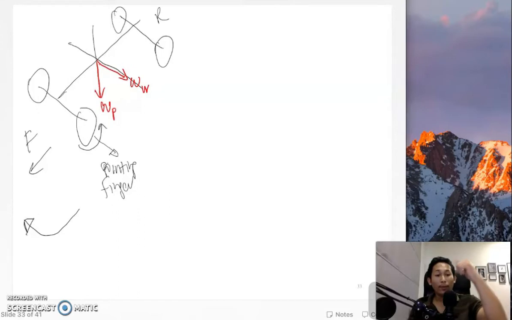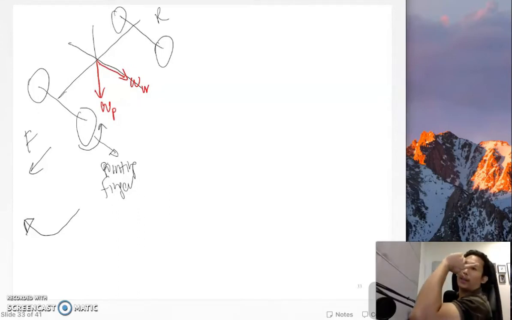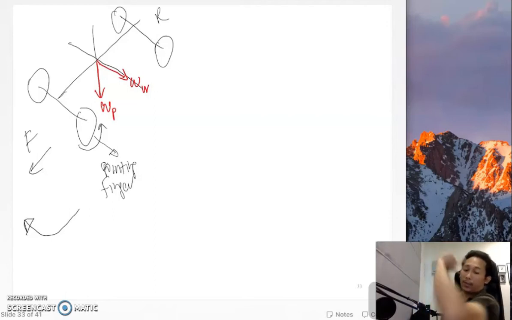So we have our right hand rule, one this way, and then the active couple.